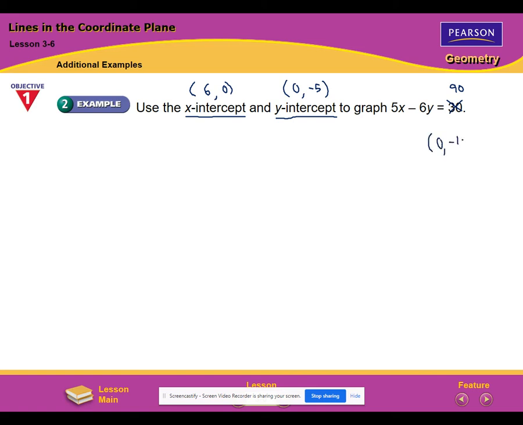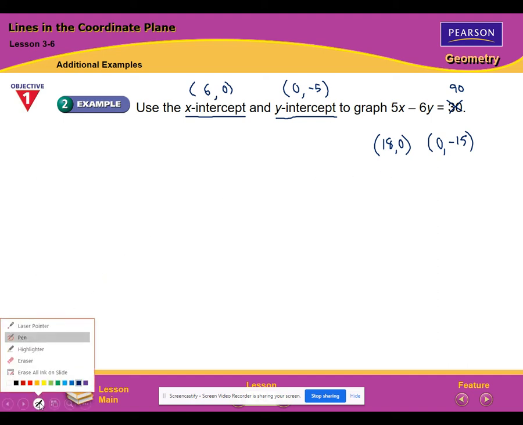So 0, negative 15 would be the intercept. And if I plug 0 in for y, you've got to divide both sides by 5. 90 divided by 5 is 18. 18, 0 would be the intercept. It has nothing to do with the coefficients here, except that you're using them to calculate what the intercepts are.